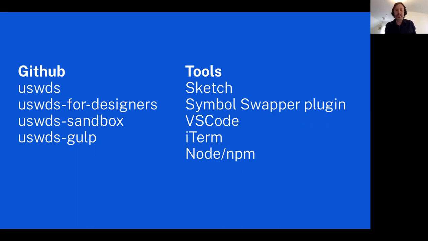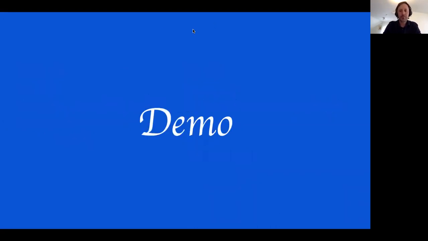In addition, I'll be showing some things in Sketch. I'm going to be using a Sketch plugin called Symbol Swapper to do some of the things in code. I'm going to be using a text editor called VS Code. I also use the terminal, iTerm, to set up a lot of these things. And we're going to be using Node and Node Package Manager to collect all of these projects together. So, yeah, let's get to this demo.